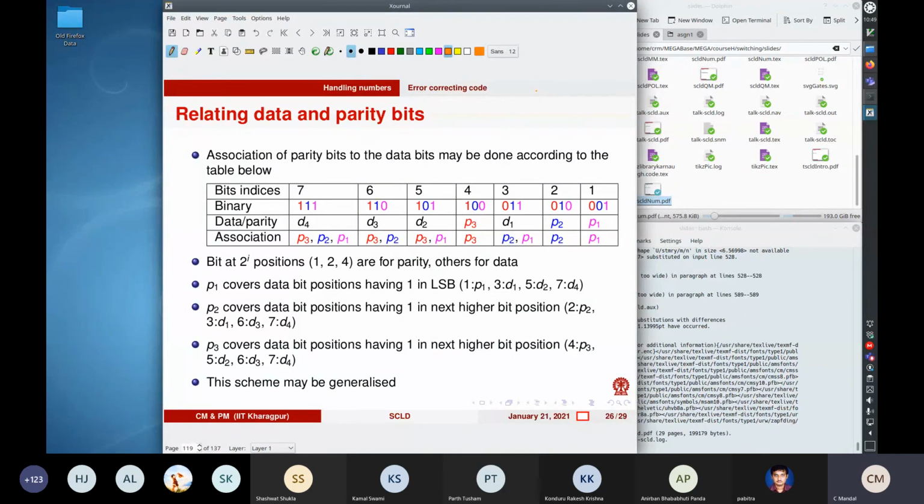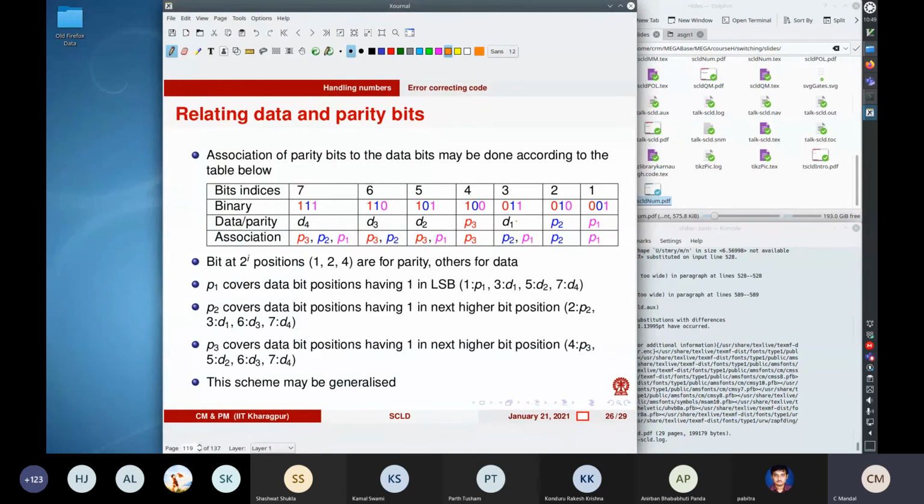So we can number the bits from 1 to 7, and if we number the bits from 1 to 7, we can say that bit 1 is P1, bit 2 is P2, bit 3 is D1, bit 4 is P3.